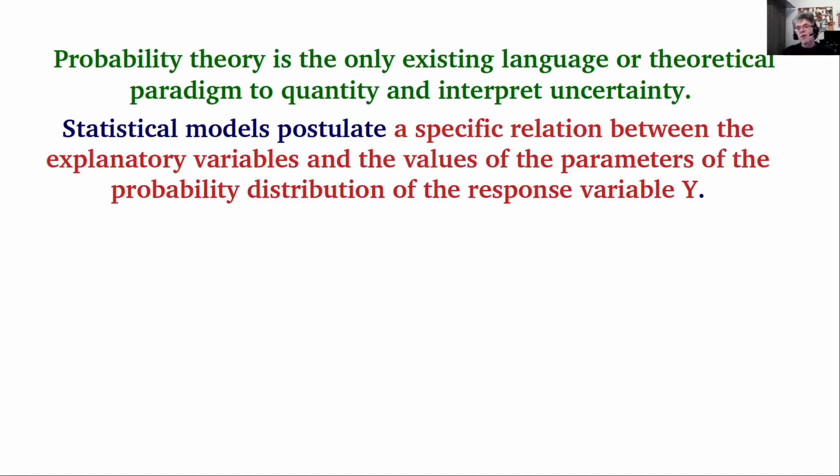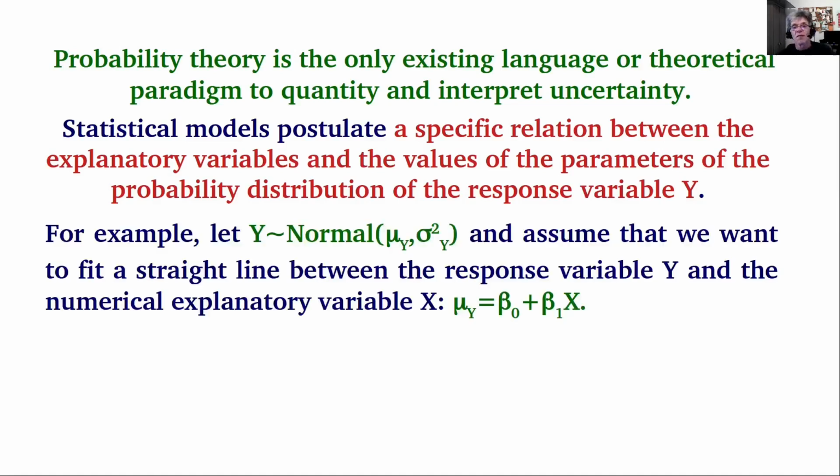Statistical models postulate a specific relationship between the explanatory variables and the values of the parameters of the probability distribution of the response variable y. For example, let's assume that a given response variable y has a normal distribution with parameters mean and variance, and we want to fit a straight line between the response variable and a numerical explanatory variable x.